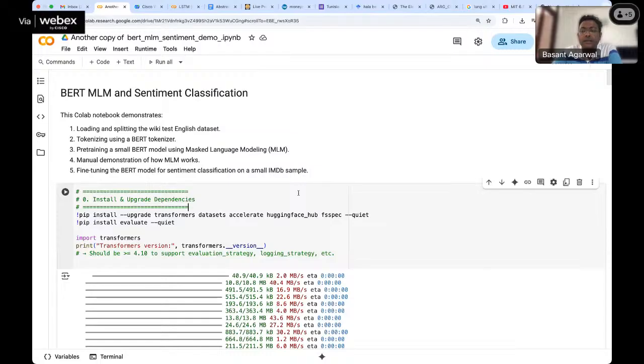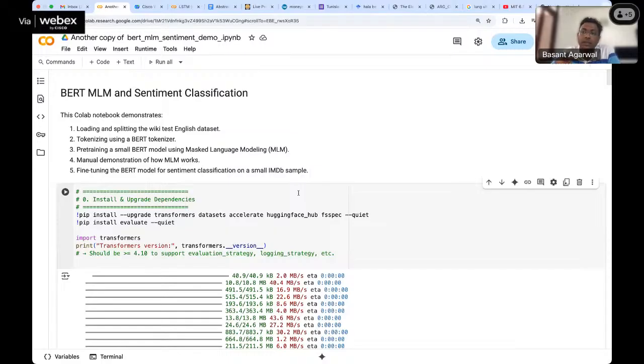Yes, sir. Okay, so in this lab session, what we have planned is to start by creating the dataset. We'll use our own custom data for developing BERT embeddings. For this, we'll use a masked language modeling method.